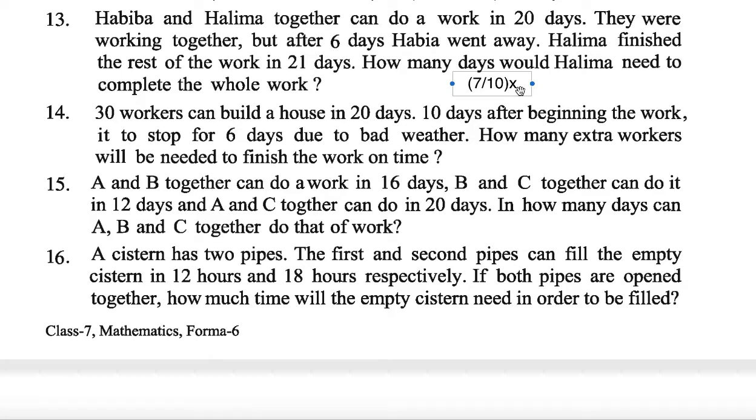Okay, so in one day how much fraction of work will she complete then? Then she will complete in one day, this Halima, in one day she will complete, by 21. By 21 means this is 3.